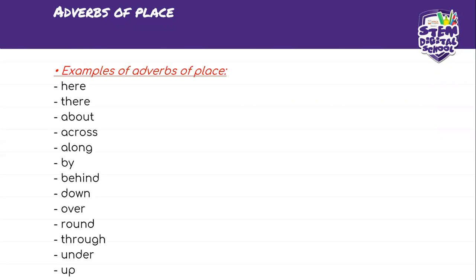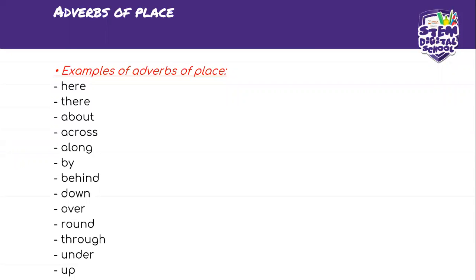And then we have across. Across is also an adverb of place. You can say, I saw him across the street. So across is an adverb of place, which tells us where you have seen whoever you've seen. Along is also an adverb of place.